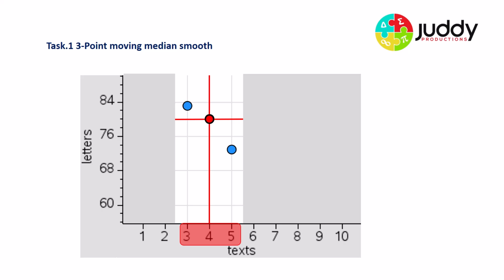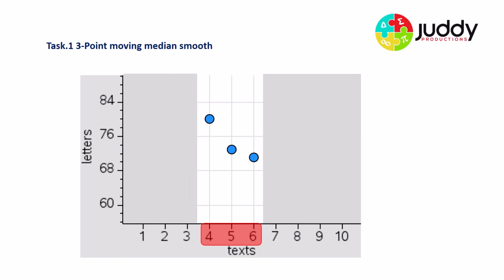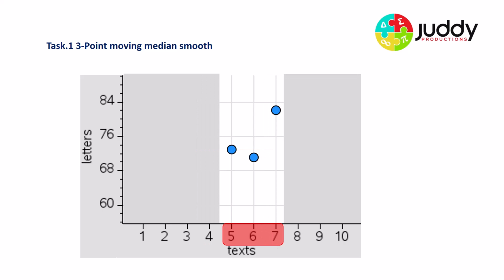Move across to our next step, 4, 5, 6. Of course, 5 will be our median on the x-axis, and in terms of the y-axis, we have our lowest, our middle, and our top. So we're going to be looking at this middle position. Perfect, so there's our 3-point median smooth for text 4, 5, and 6. We then move across to 5, 6, 7.